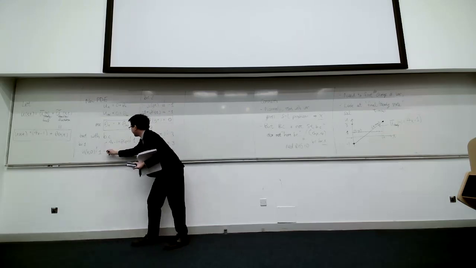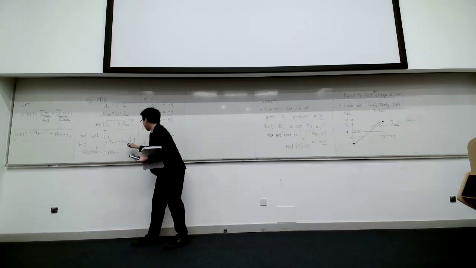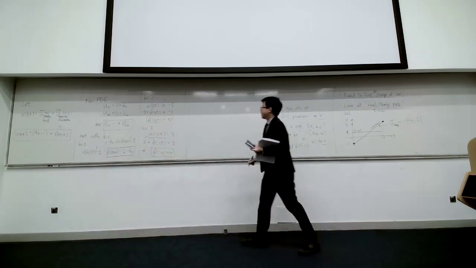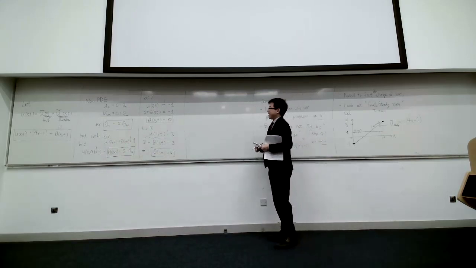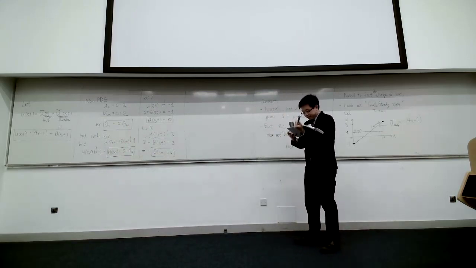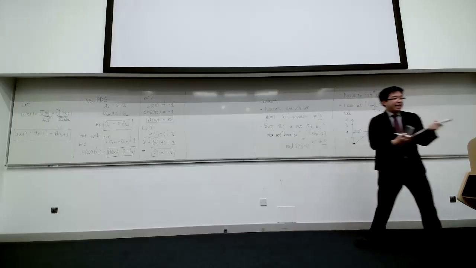So theta of x,0 we want to be 2 minus 4x. So it does change the initial condition a little bit, but that's okay, and that's perfect.